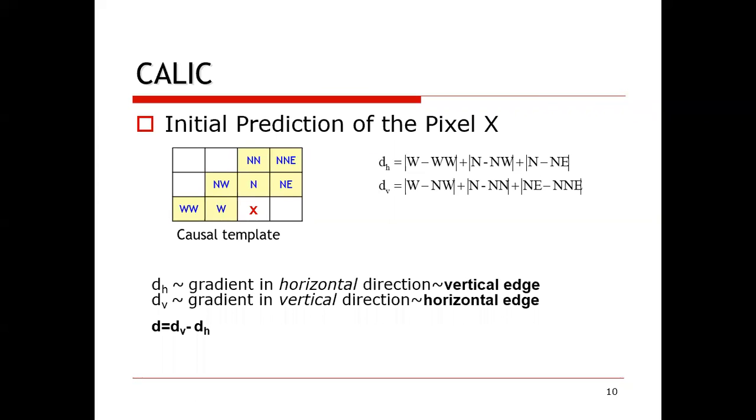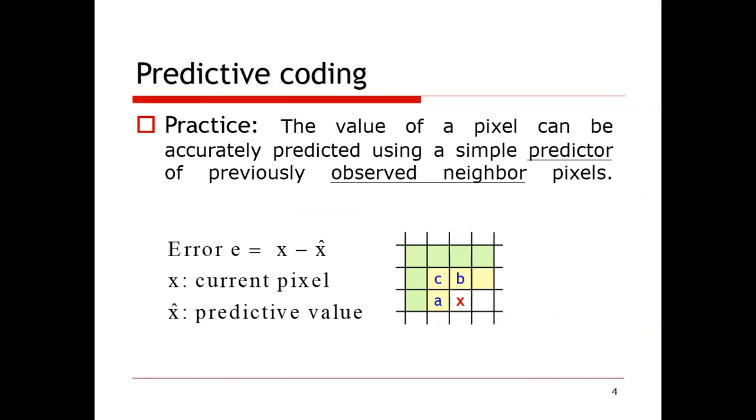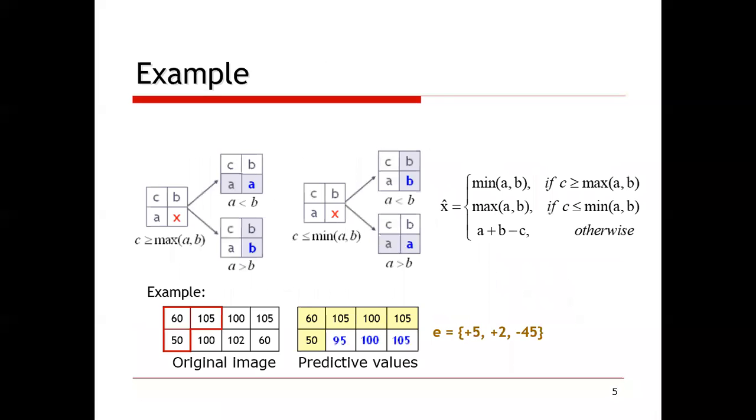You will find the predictive value of a given pixel by observing the neighborhood pixels of the given pixel.